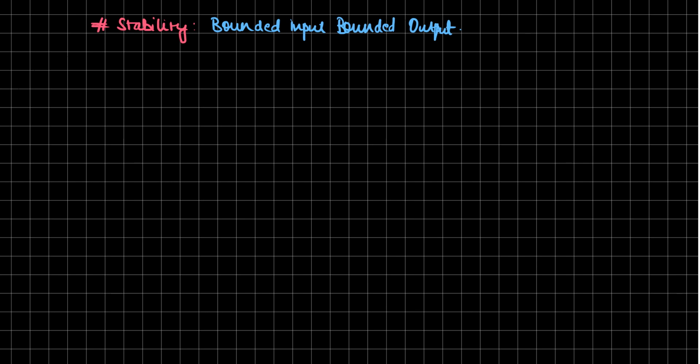And for a system to be BIBO stable, its impulse response h of n must be absolutely summable.